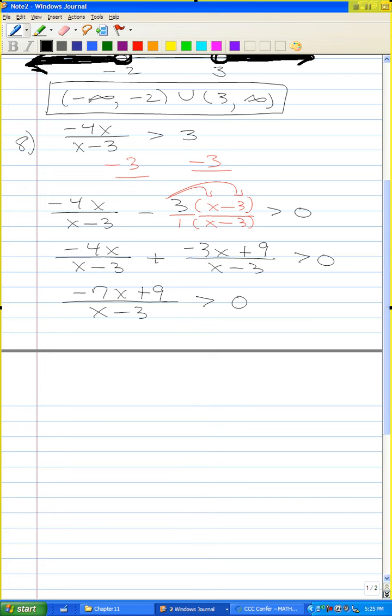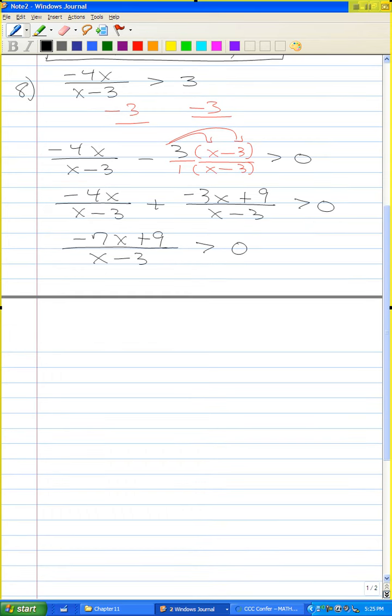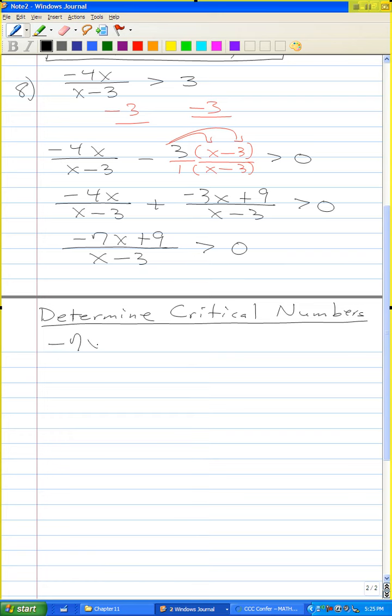And so I have written the inequality in standard form, factored as much as possible. Therefore, I can now determine my critical numbers. To determine the critical numbers, I set each factor equal to 0 and solve for x.